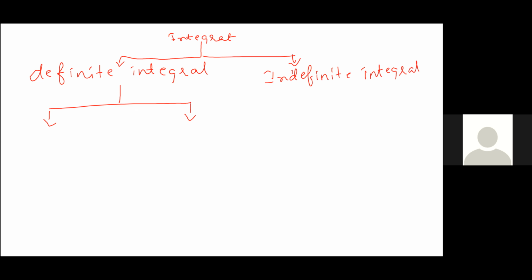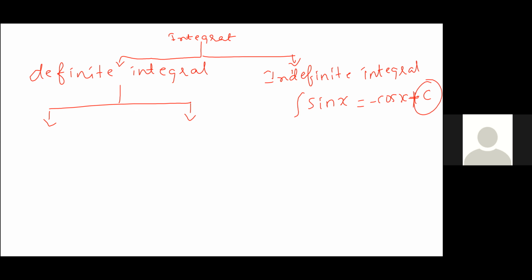For example, the integration of sin x, here there are no limits, so this is nothing but an indefinite integral. Whenever it is an indefinite integral, for the answer you add the integration constant. For this one, minus cos x plus c, right? So we add the integrating constant whenever we integrate an indefinite integral.